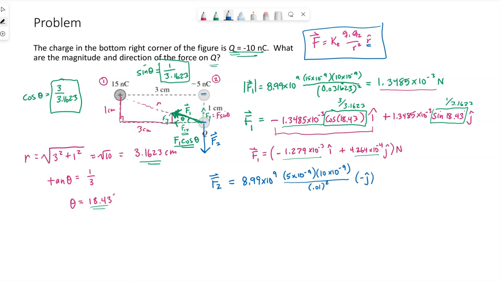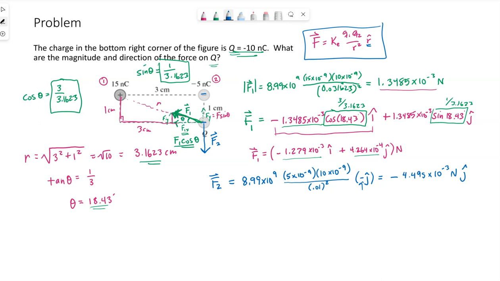And then r hat, I know the direction is completely in the negative y direction. So I'm going to just put that in. I'm getting, the negative sign comes from the direction, 4.495 times 10 to the negative 3 newtons. Excuse me, the negative j hat is the direction.